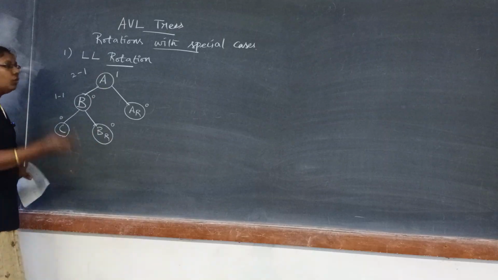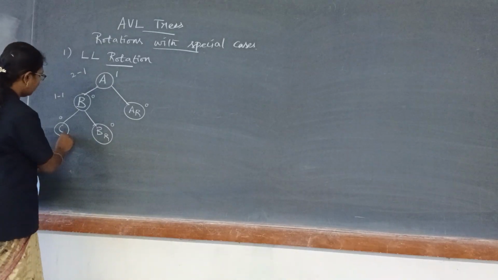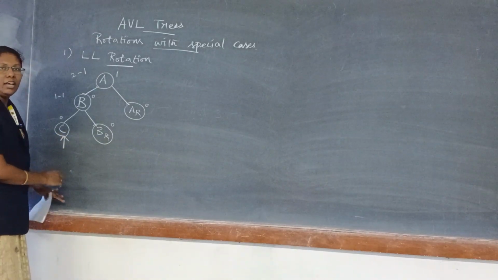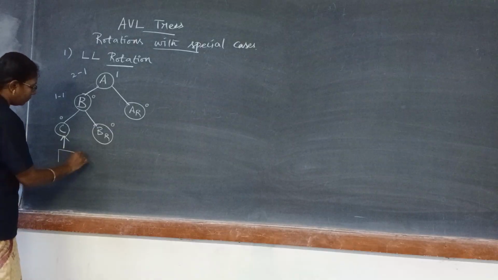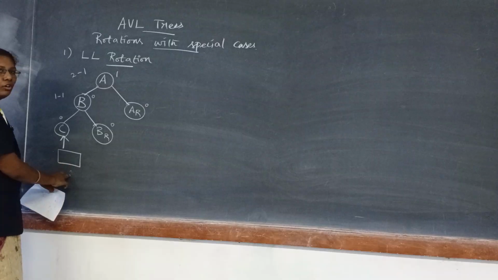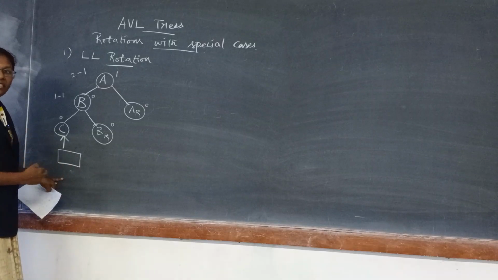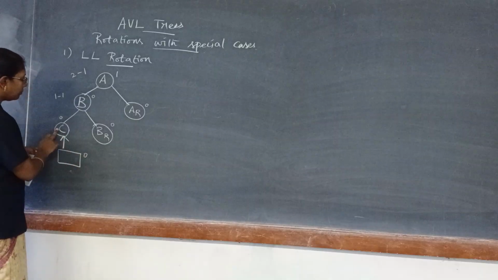Now I am going to insert one more node at the position of C. If I insert another node here, this particular node becomes the leaf node, and the balance factor for this leaf node is 0. And what about this one?